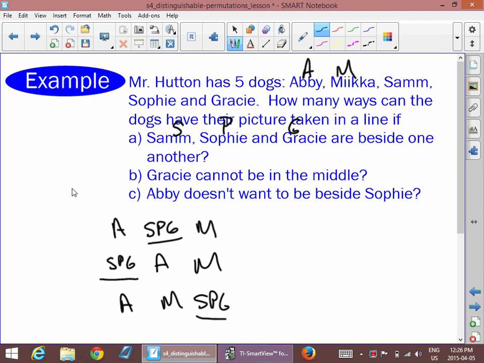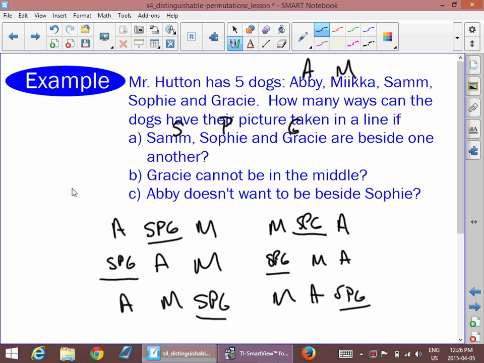In each of these three possibilities, Abby was to the left of Mika. Of course, the reverse is also possible. Mika could be to the left of Abby. So it could be M, SPG, A, or A, SPG, M, or M, A, and then SPG.